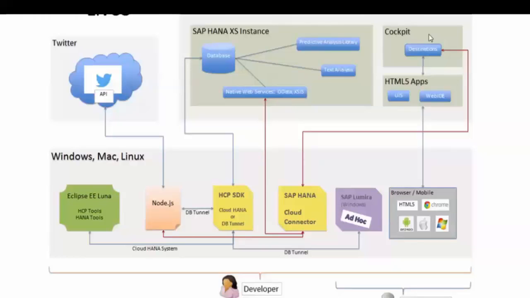The advantage of this HANA Cloud Platform when we compare to any DMZ reverse proxies is that this is using a reverse proxy, so you don't have to explicitly open ports in the firewall.